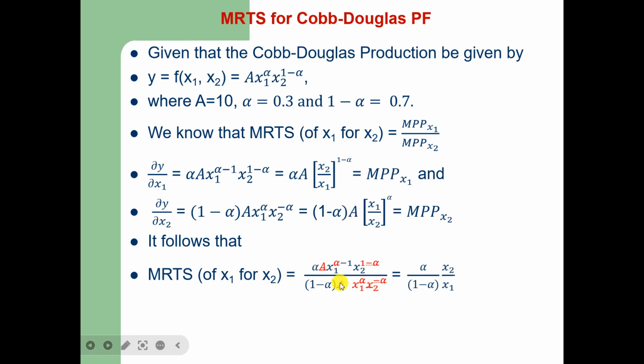For example, the a cancels out, the x1 raised to the power alpha cancels, and the x2 raised to the power minus alpha cancels. So finally we have alpha divided by 1 minus alpha, which is constant, times the ratio of the two inputs, that is x2 and x1. Alpha divided by 1 minus alpha is constant and x2 divided by x1 is the input ratio or the factor ratio.